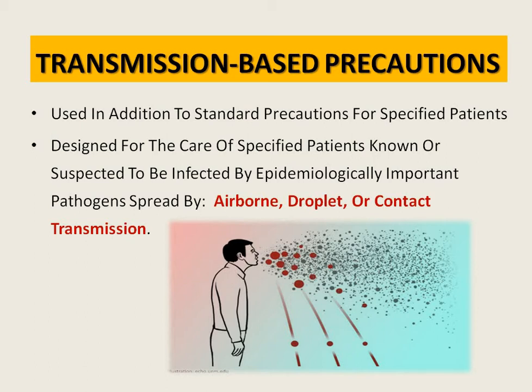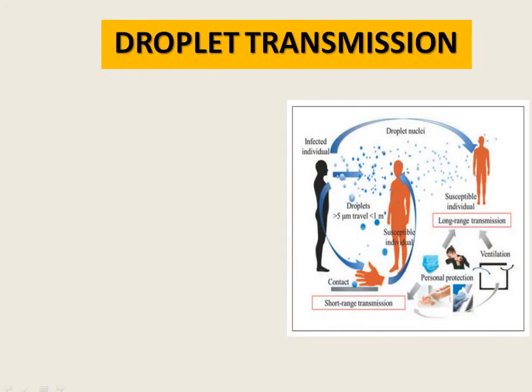These infections, which are airborne, droplet or contact transmission, can definitely be curbed by having additional precautions to the standard precautions. Droplet infection is one in which the infected individual affects another susceptible individual through droplets, and the susceptible individual then transmits it to other people.